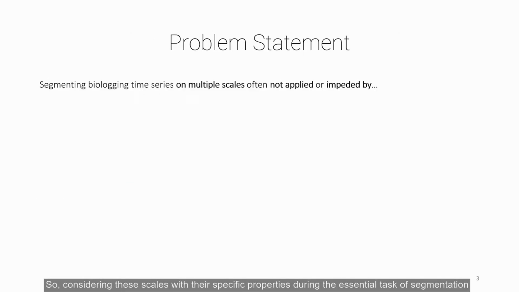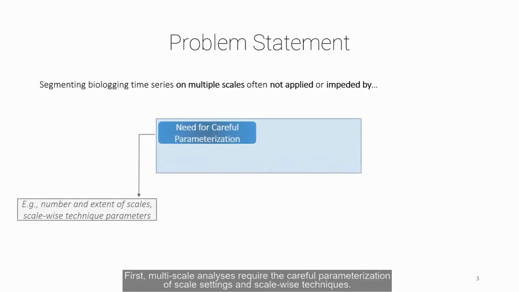So, considering these scales with their specific properties during the essential task of segmentation is important, but it is often avoided or impeded by several factors. First, multiscale analyses require the careful parametrization of scale settings and scale-wise techniques.